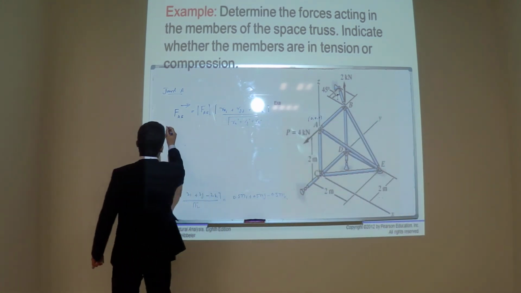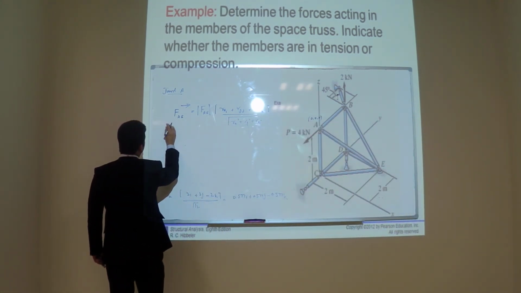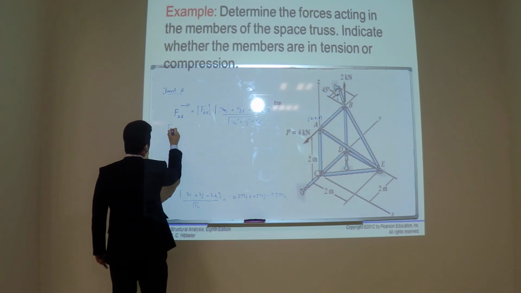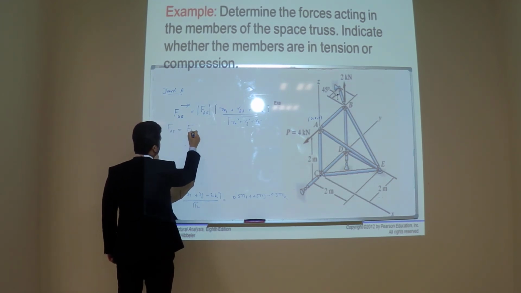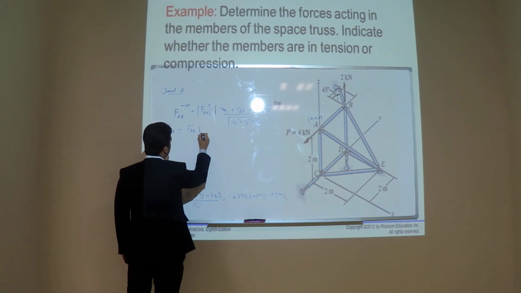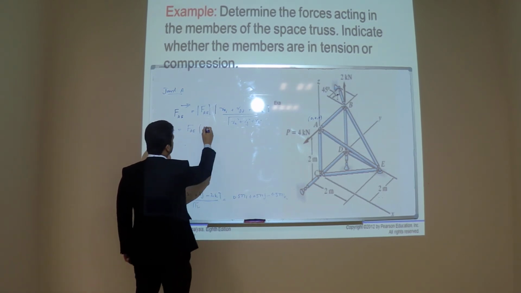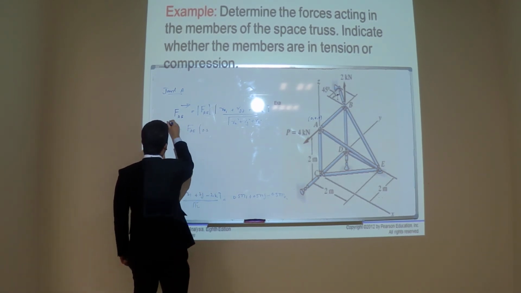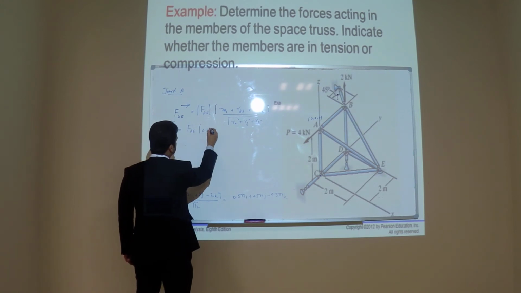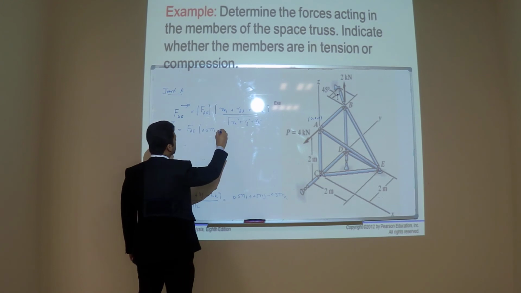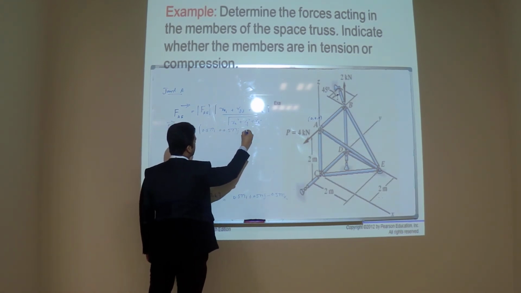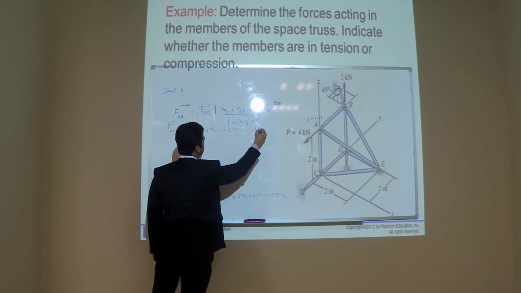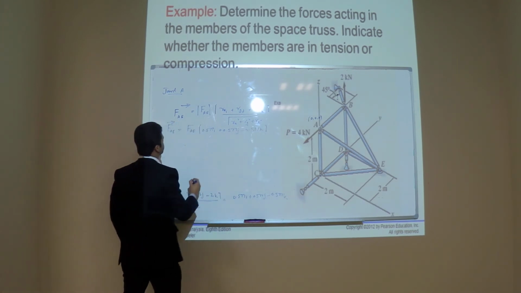So FAE will be equal to the magnitude FAE multiplied by 0.577i plus 0.577j minus 0.577k.